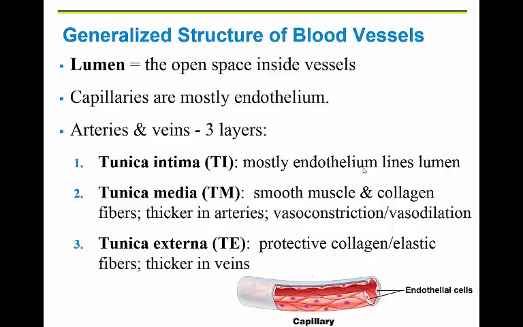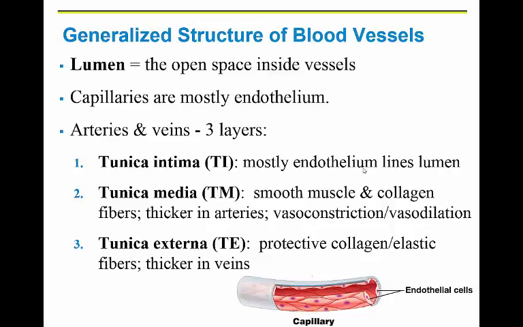But primarily you're going to see mainly smooth muscle cells in this tunica media layer. It's the thickest layer in arteries. It's primarily going to be involved with constricting the vessels and dilating the vessels as needed.